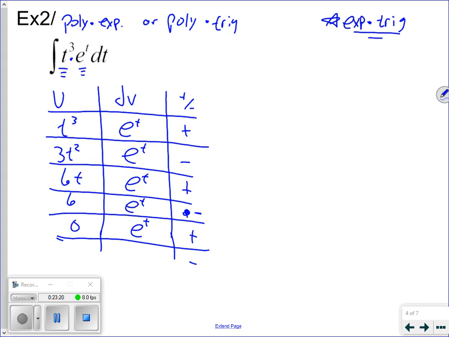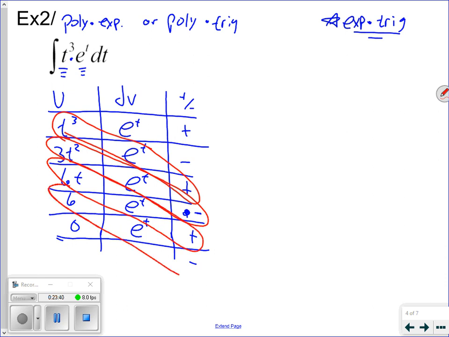Okay. Now, this prevents us from having to do integration by parts so many times, because the answer is just, I'm going to circle it this time. That diagonal, that diagonal, that diagonal, and that diagonal.